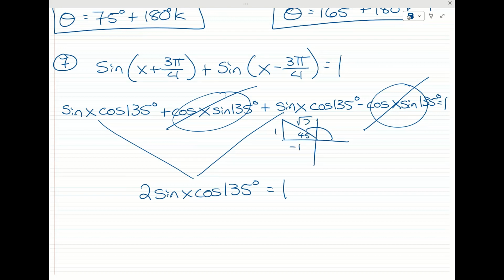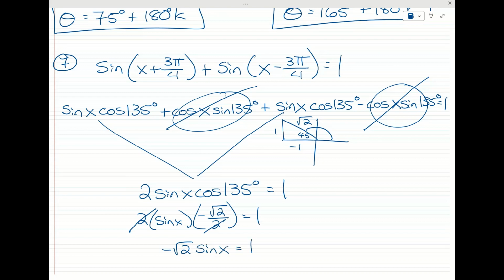So the cosine of 135 would just be negative root 2 over 2. Really close to finishing this because this 2 and this 2 cancel. So negative root 2 times the sine of x is equal to 1.